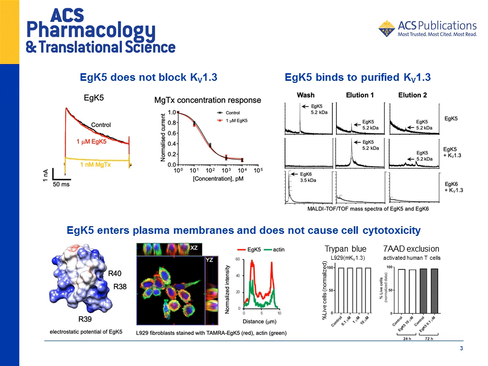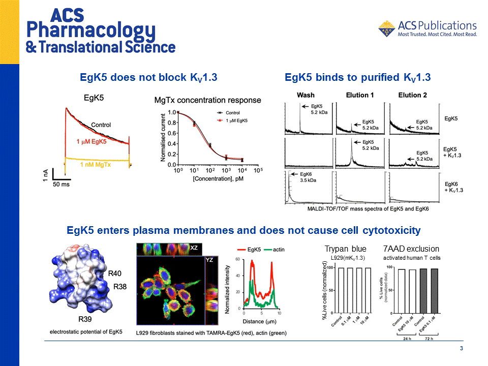Plant defensins have a propensity to enter plasma membranes of mammalian cells, and it uses a motif involving 3 arginines. The diagram shown in the bottom left shows EGK5 with the 3 arginines shown, arginine 38, 39, and 40. To test membrane entry, we made a labeled version, EGK5 TAMRA, and tested its ability to enter mammalian cells expressing Kv1.3 using confocal microscopy.